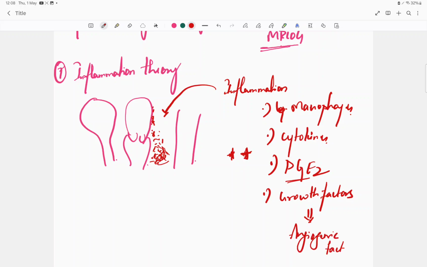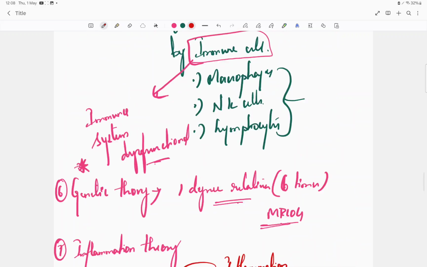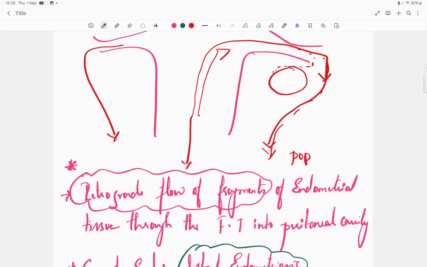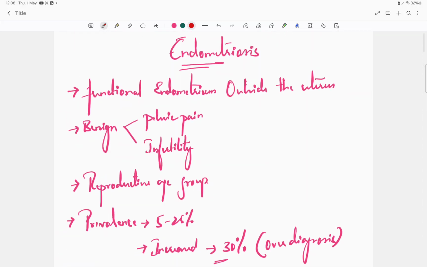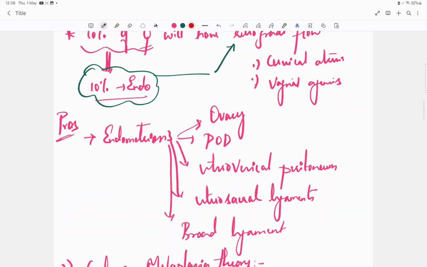What are angiogenic factors? The factors responsible for the development of blood vessels, neovascularity. Because of all these inflammatory mediators, especially the prostaglandins, they have pain. That is what I explained in the very beginning of this lecture: pelvic pain and infertility.